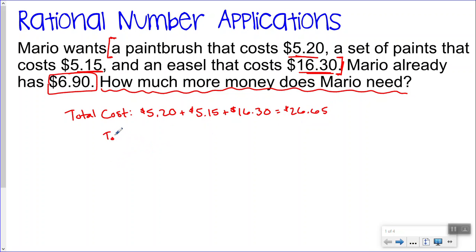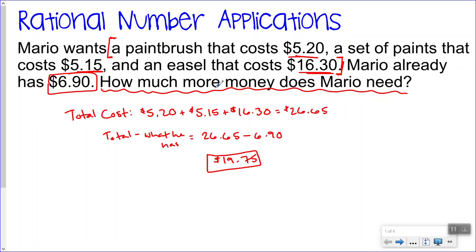Now, we want to find out how much more does he need. So we're going to take our total, and we're going to take away what he already has. And then what's left is going to be the amount that he still needs to get. So we have that $26.65, and we're going to take away the $6.90 that he has, and that's going to tell us that he still needs to get $19.75 in order to purchase the rest of those items.